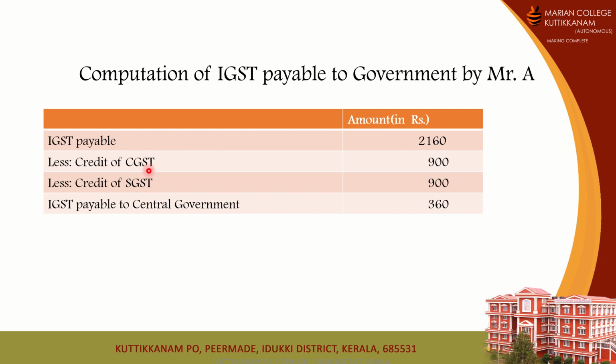So he paid 900 rupees of CGST and 900 rupees of SGST at the time of purchase of the raw materials from Mr. X. I think you remember it. Okay. So the net amount of IGST which is to be payable to the central government is rupees 360 only. So he gets a credit here.